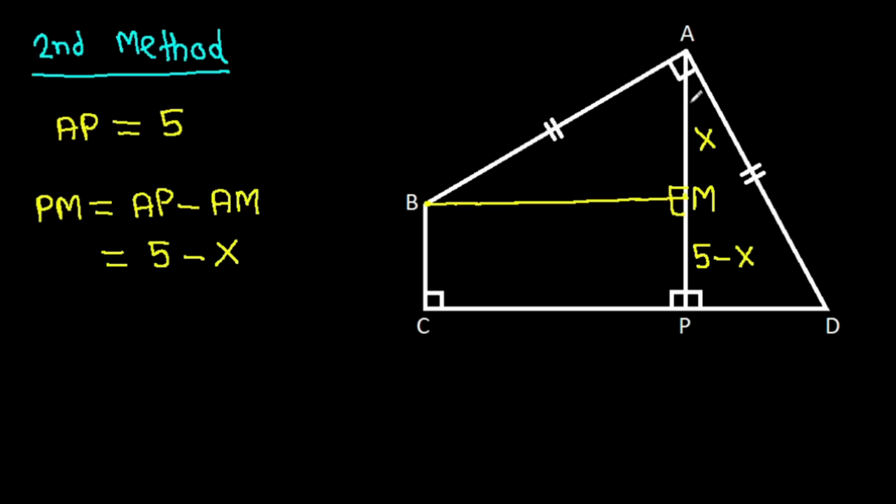and if this angle is alpha, then this angle, it will be 90 degrees minus alpha.